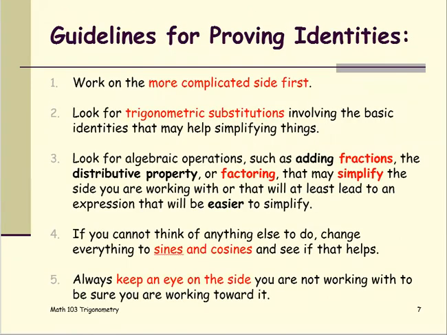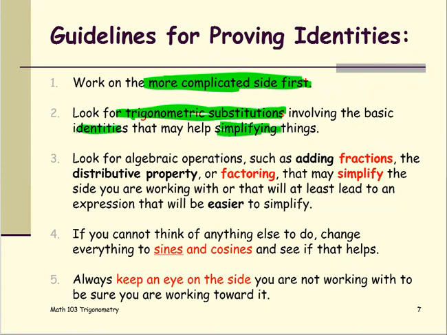So the general guidelines for proving identities: number 1, work on the more complicated side first, and then look for substitutions involving the basic identities that may help simplify things.